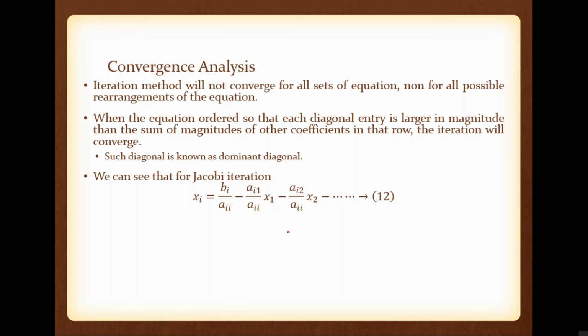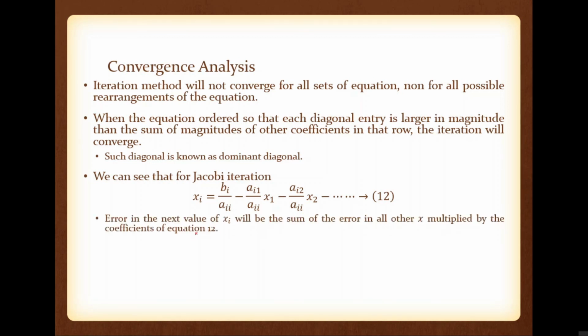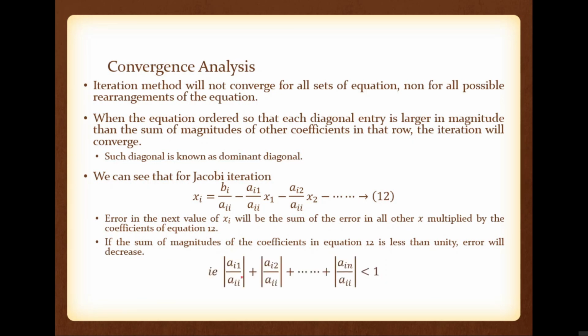Am I correct? So if you are analyzing the convergence, then magnitude of ai1 divided by aii plus magnitude of ai2 divided by aii plus etc. plus magnitude of ain divided by aii must be less than 1. This one is very important.